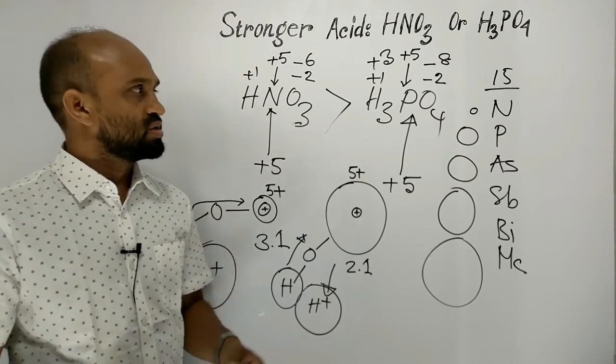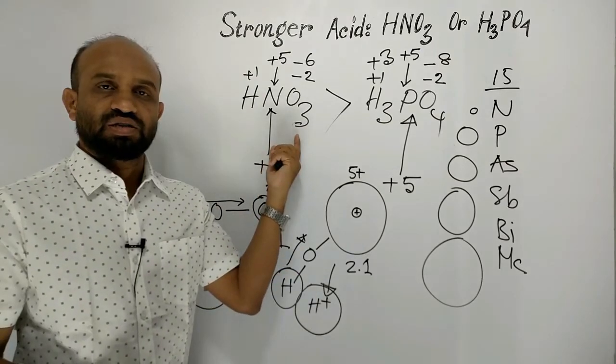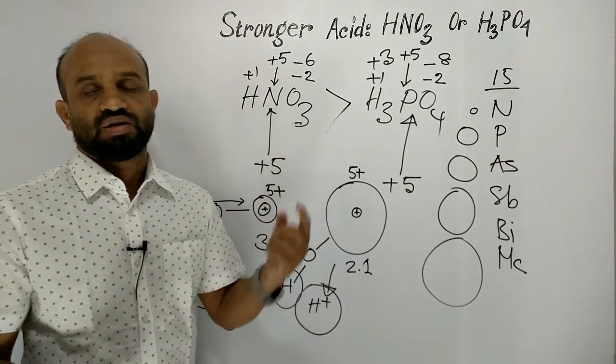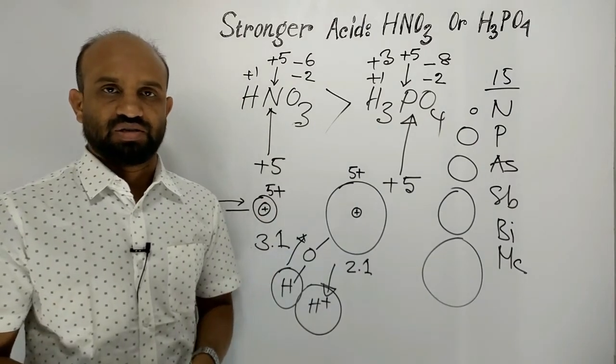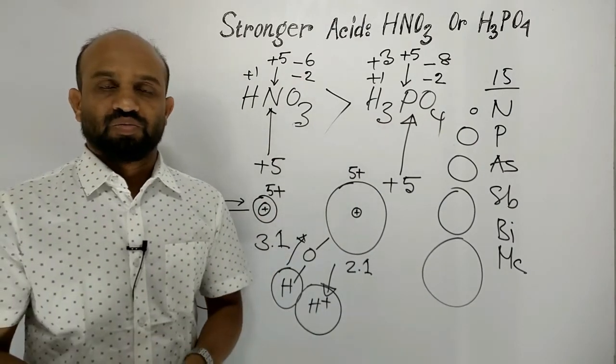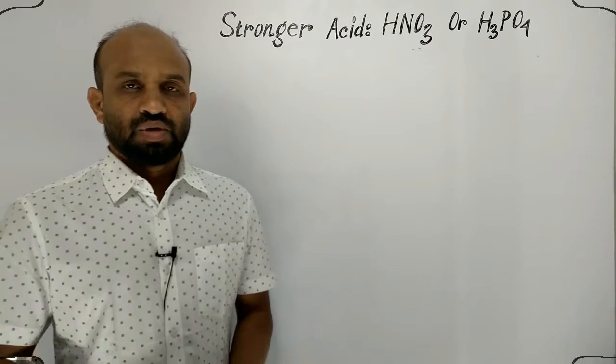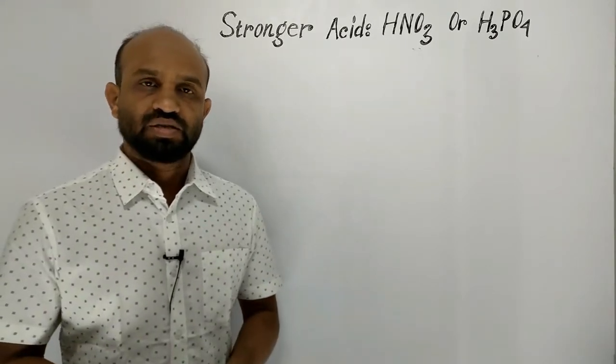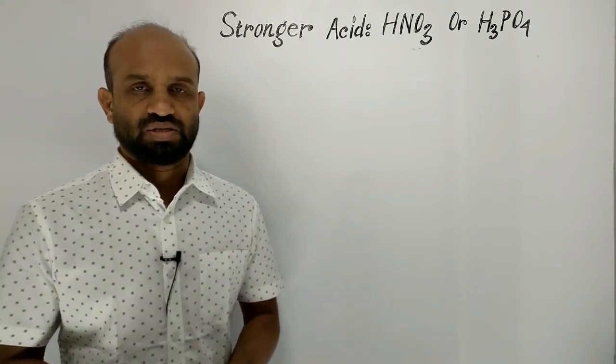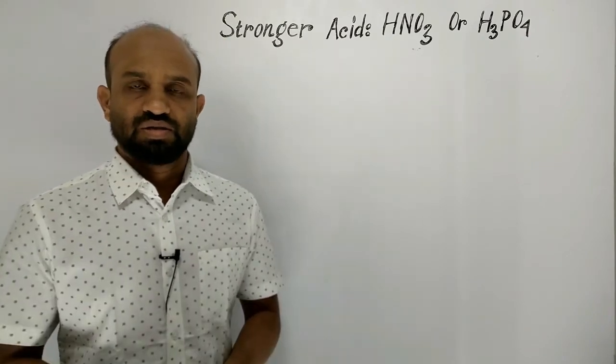That is why nitric acid is a stronger acid than phosphoric acid. Let's see some more examples. Now, nitrous acid and phosphorus acid. Let's write the acids.